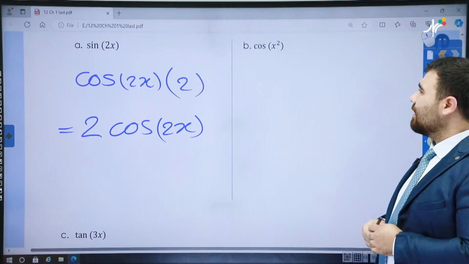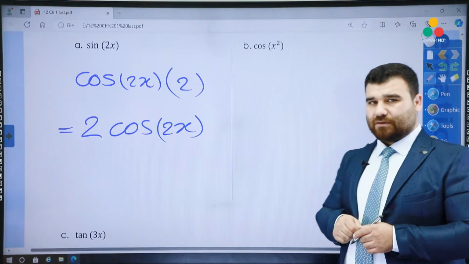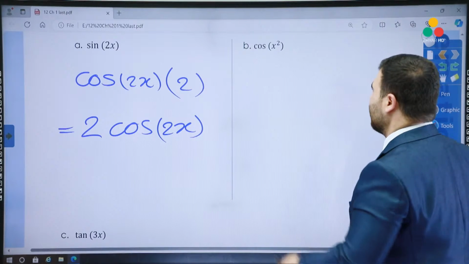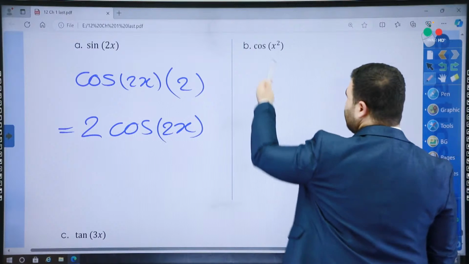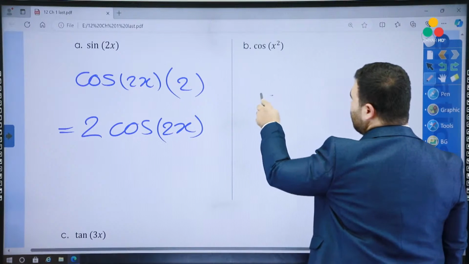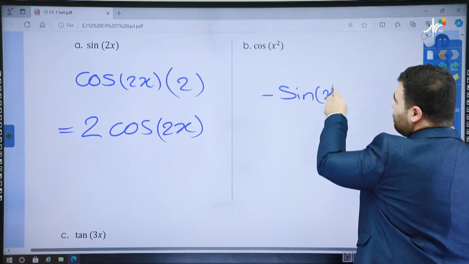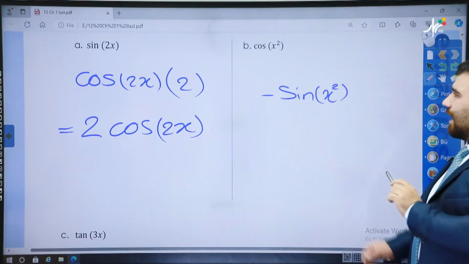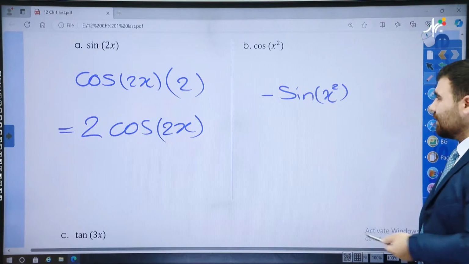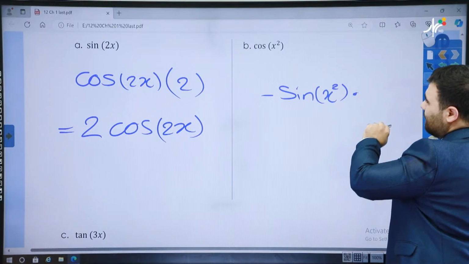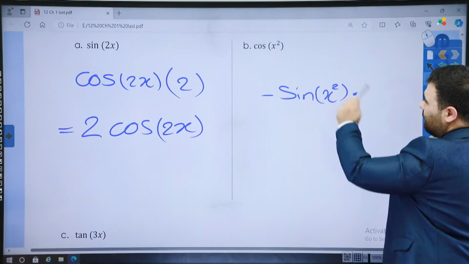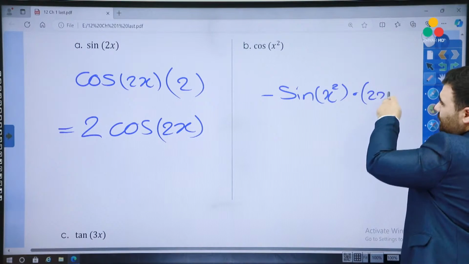Another one, we have cosine of x power 2. The function is cosine. The derivative of cosine is negative sine. The angle stays the same for this part. After I did the derivative of the function, I should say times the derivative of the inside. The derivative of x power 2 is 2x.